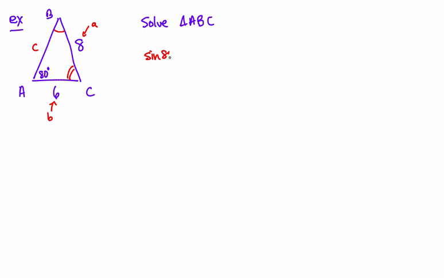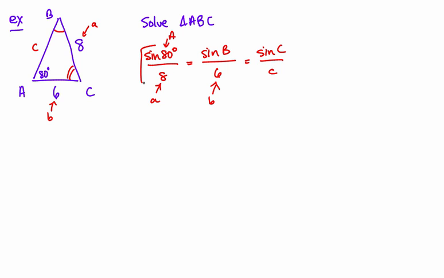So sine A over A is equal to sine of angle B over 6, that's B, and that's equal to sine C over C. So as long as I know one ratio, you can use the sine law to help out. So I know this is my completed ratio this time, and I'll be able to hopefully figure out these other ones. Start by doing these first two, and I'll do those in black.